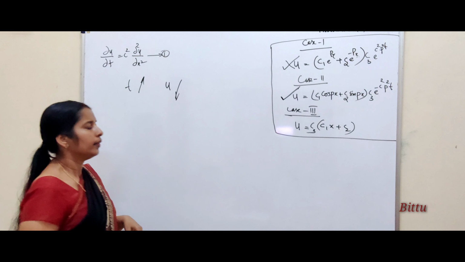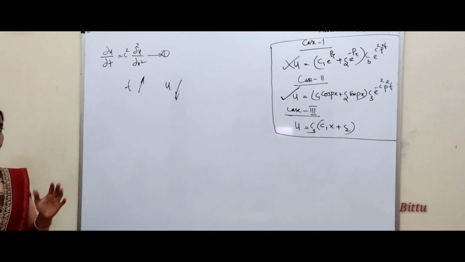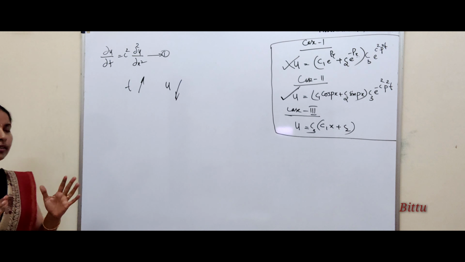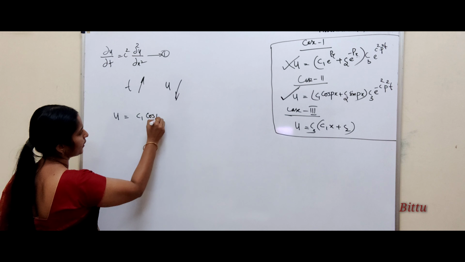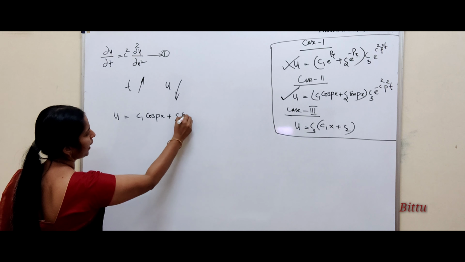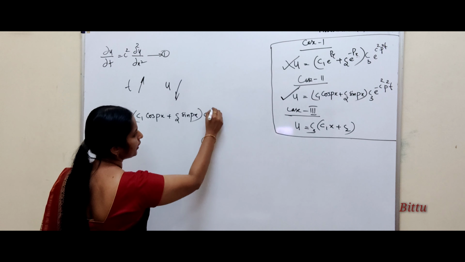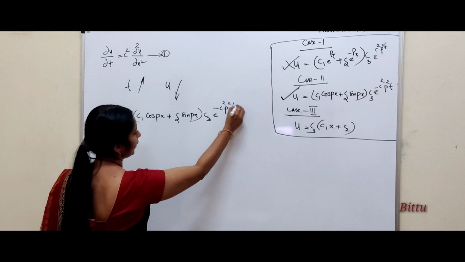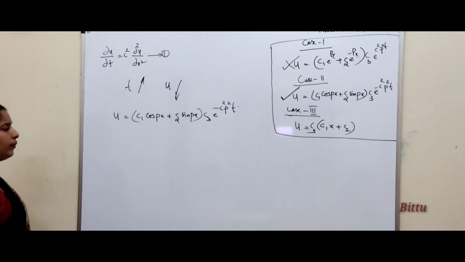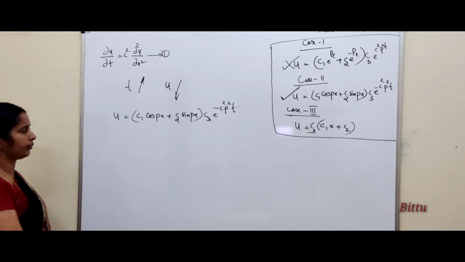So among these three solutions, the convenient solution for the one-dimensional heat equation is U is equal to (C1 cos px plus C2 sin px) into C3 e raised to minus c square p square t. Here, C1, C2, C3 are arbitrary constants.